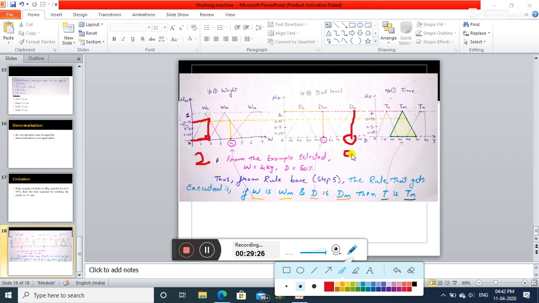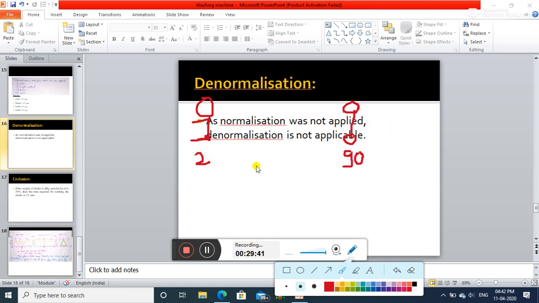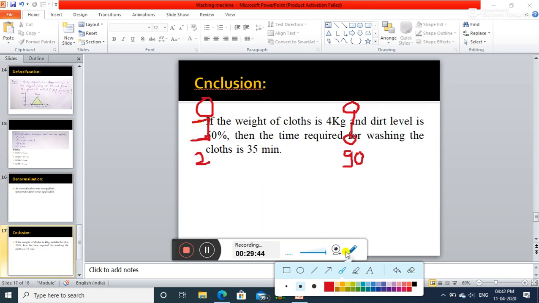So what we can see here is this is lying in low weight and this is lying in highly dirty.